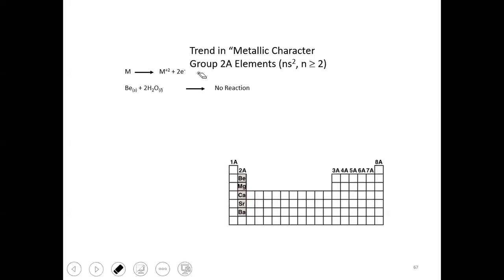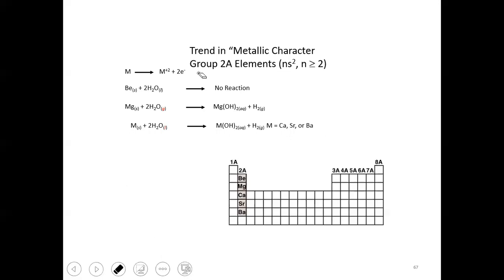So beryllium, for example, does not react with water. Magnesium does not react with water unless you vaporize the water. So you put it in steam, then it'll work. So calcium, strontium, and barium, they will react with water.